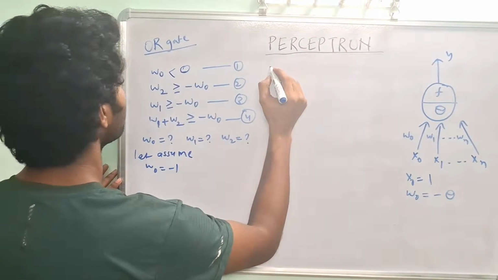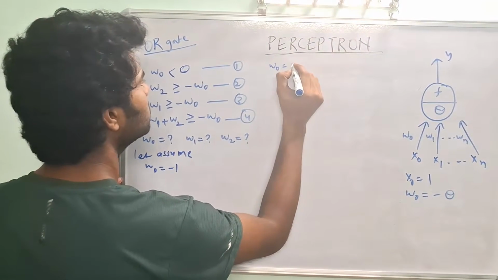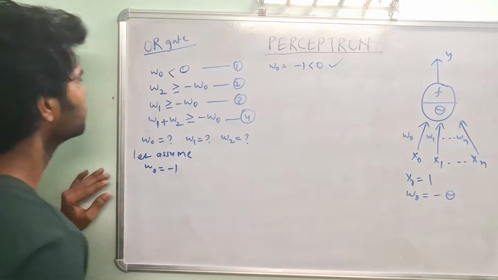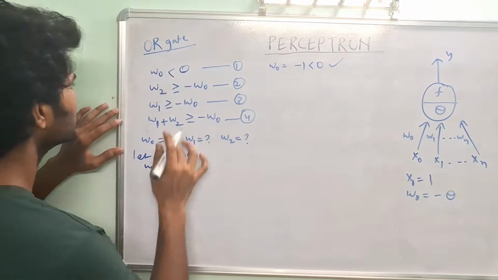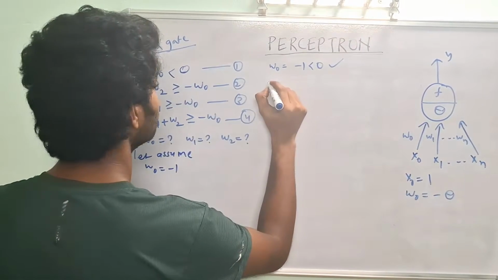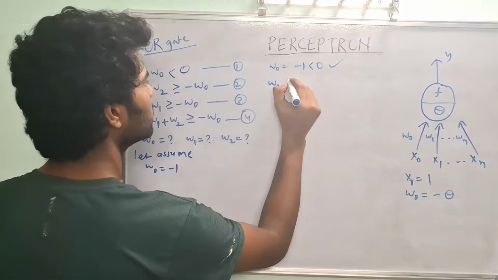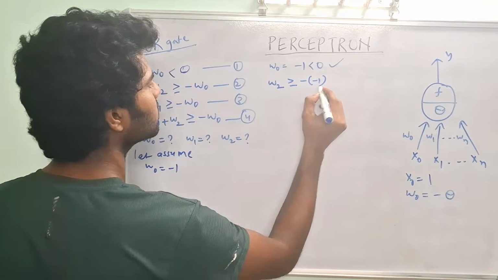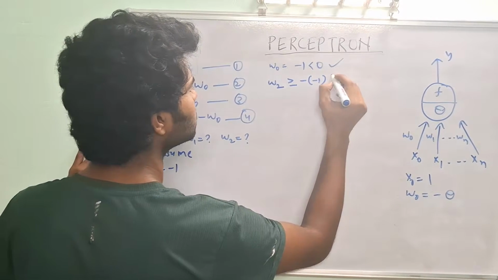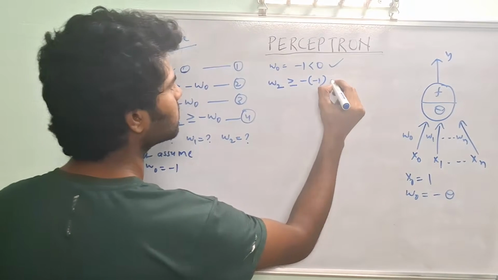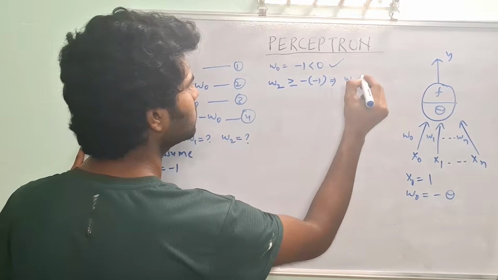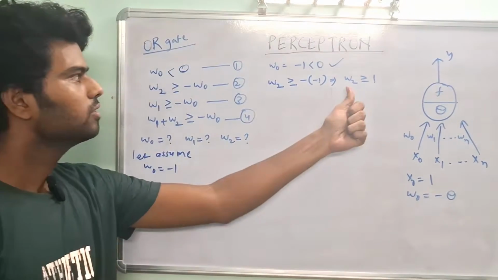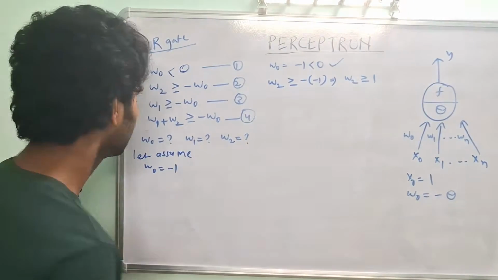Just substitute here w0 = -1 < 0. Satisfied. So in this equation w2 ≥ -(-1), so this is nothing but w2 ≥ 1 only.